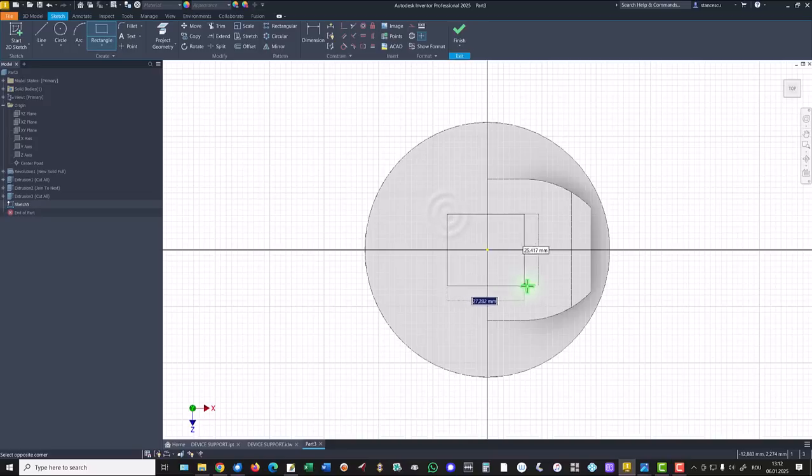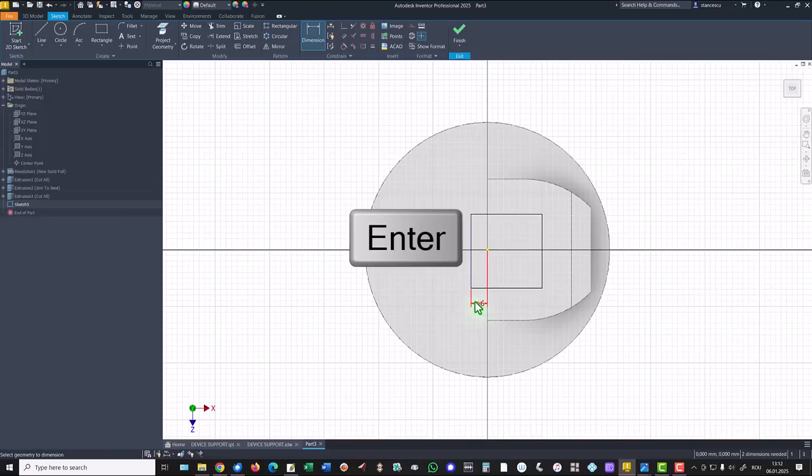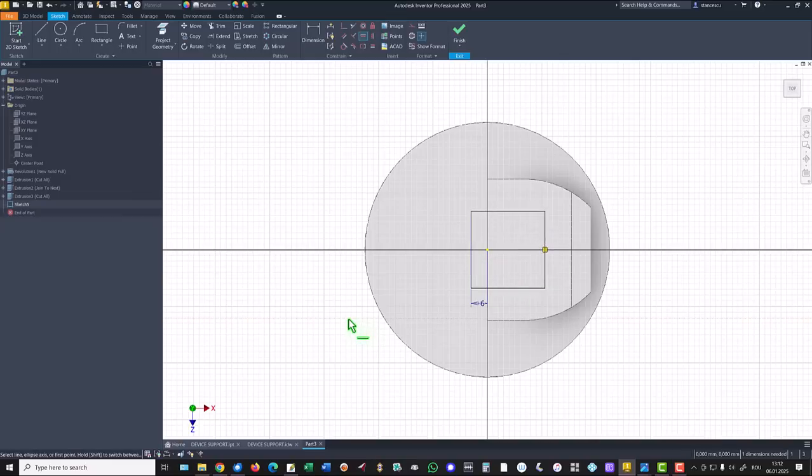We place here a rectangle equal for two sides, the distance of 6, the placement on the same horizontal of these 2 points, 28 is this, and we have to apply fillet of 8 to each corner.